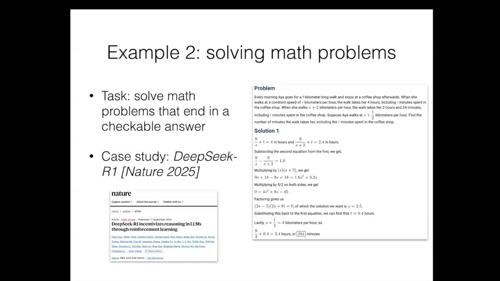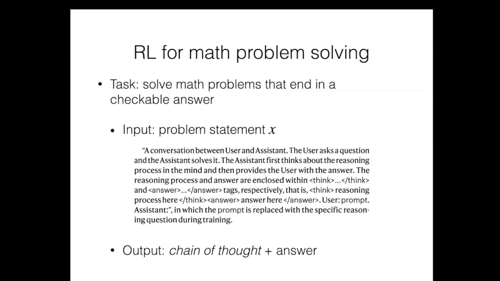The really interesting thing here, and the reason maybe this got famous, is that they saw some pretty interesting phenomena where, due to the reinforcement learning, the model was actually learning to use this chain of thought in interesting ways, and in turn, getting better performance on the problems. So let's take a look at some specific things that they do, and this will give you some insight into an application of the ideas we've seen so far.